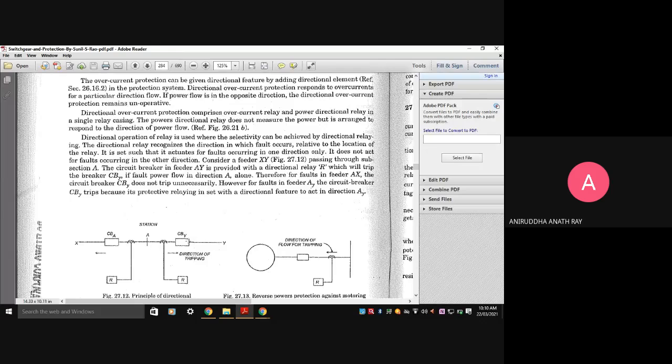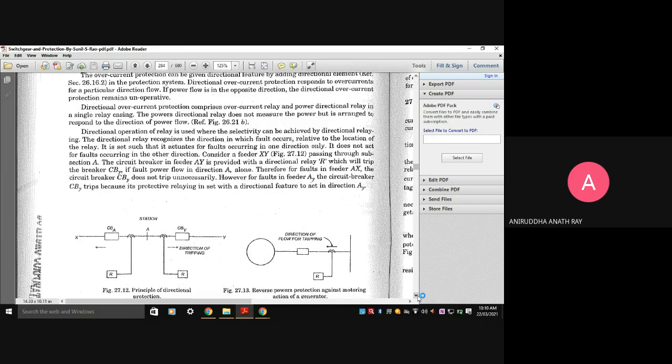So this is about directional overcurrent protection.